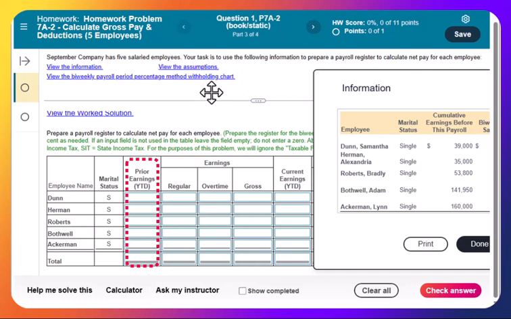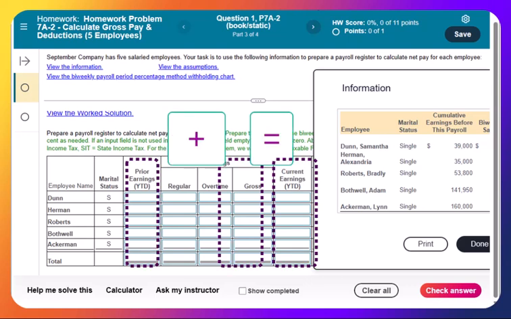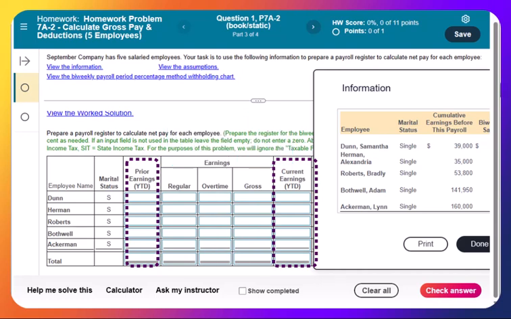Now don't get this confused with over here, current earnings year to date. So current earnings year to date will be the prior year earnings plus our gross pay. But first, let's fill out the prior earnings year to date since we have it already given in this column and input it here.